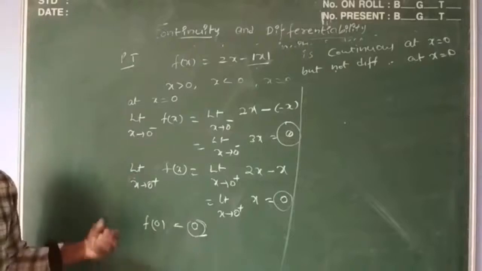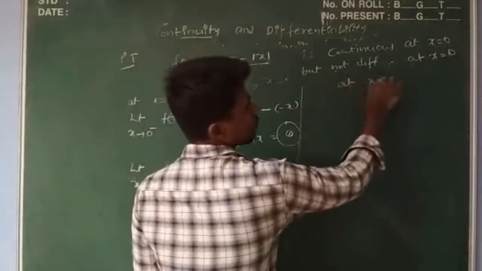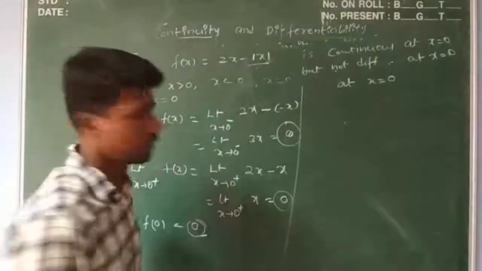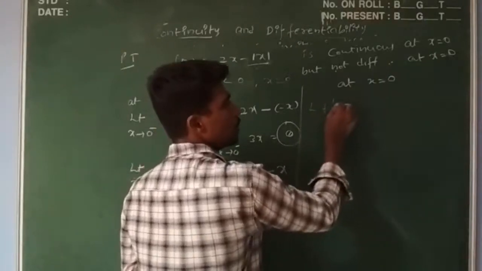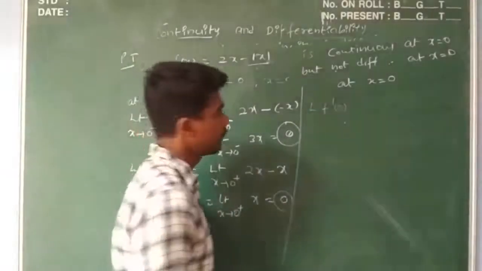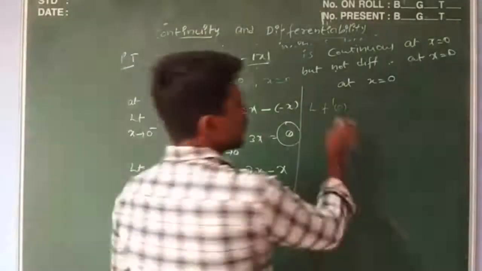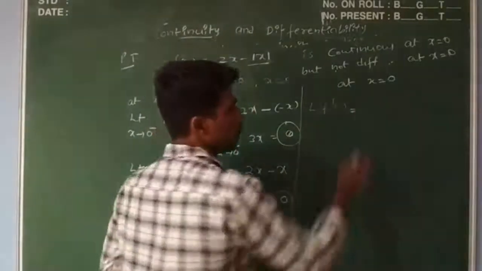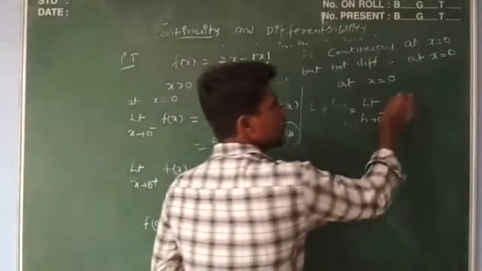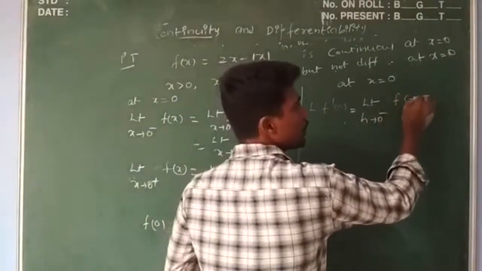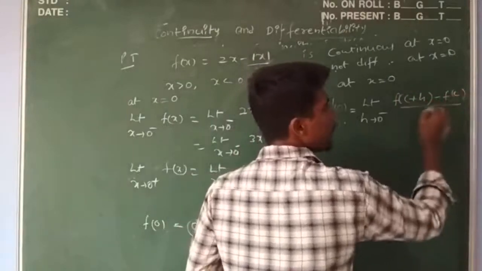Now we'll check whether the function is differentiable or not at x equal to 0. For differentiability, what do we have to check? We have to find the left derivative, L f dash of 0. The left derivative is equal to the limit as h tends to 0 minus of f of c plus h minus f of c by h.